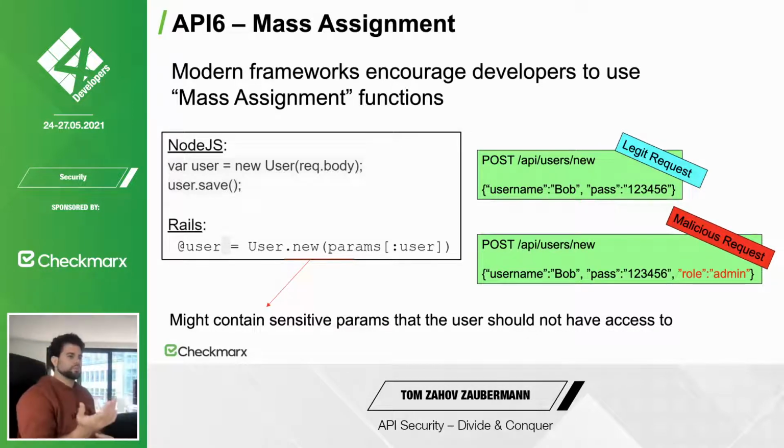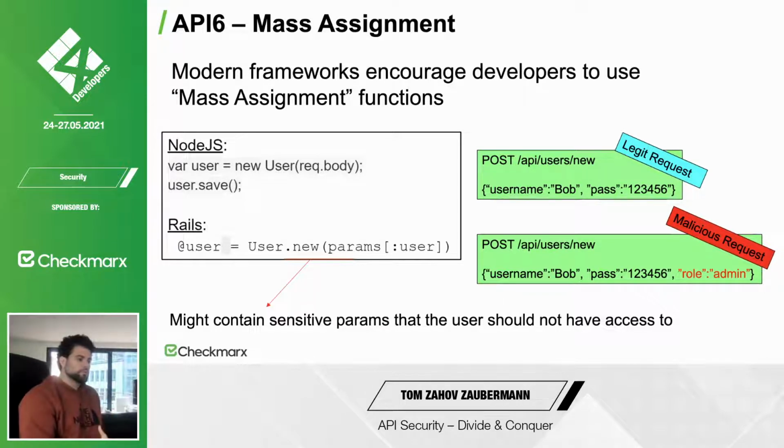So if we have a new user like Bob and his password, then it cannot be that it would be super easy just to add the role admin and then you become an admin. But we see it, and actually the API that I have here to show you is using it. Normal C# API, you will see.